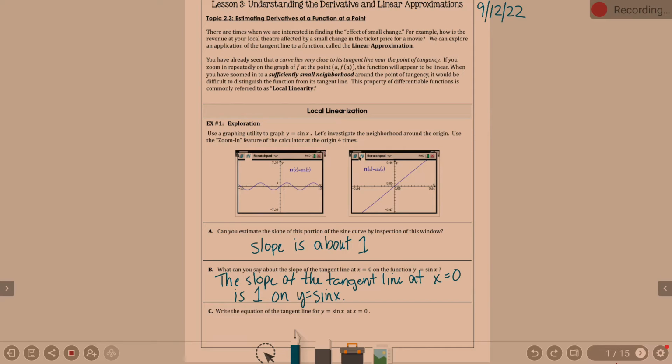Ethan already said it, but what would be the equation of the tangent line? We just talked about there was a slope of 1. What's the ordered pair?